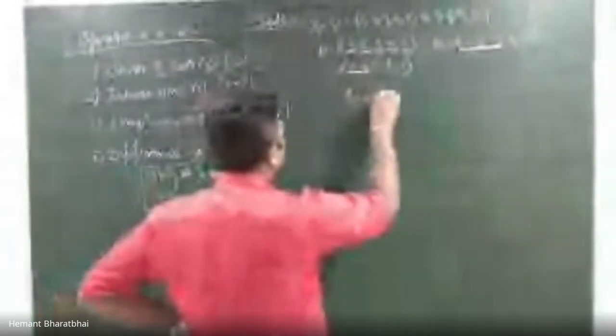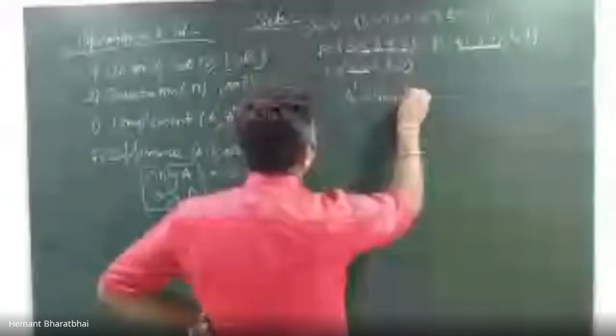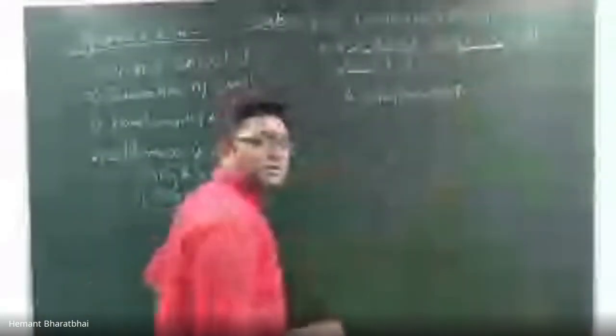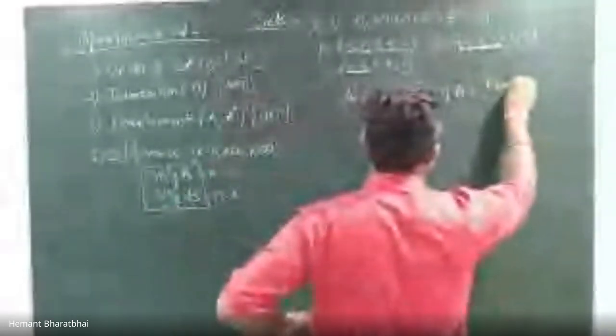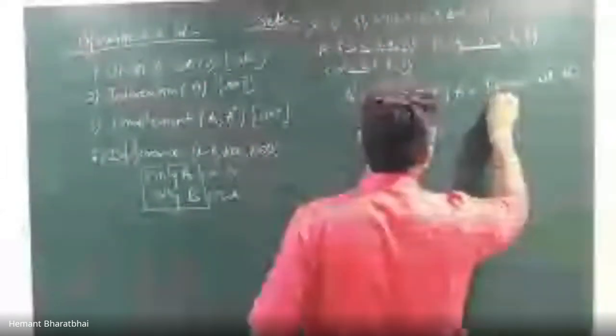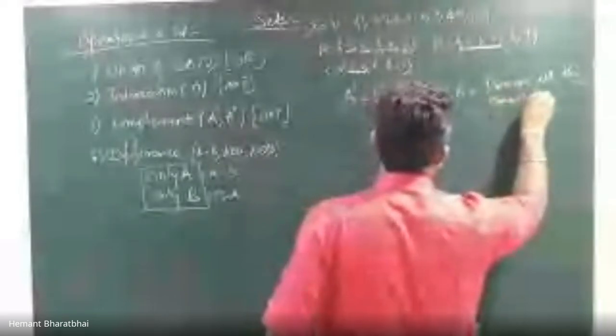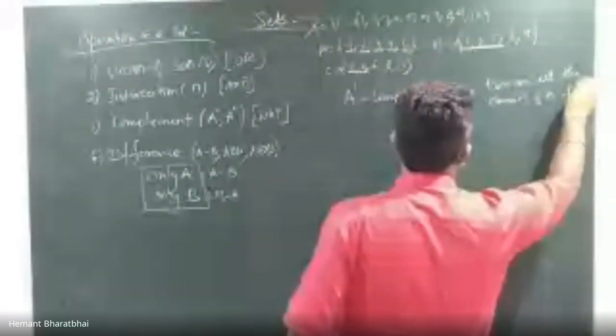So if I say complement of A, it means remove all the elements of A from my universal set. Okay, for you I have indicated the universal set with X.